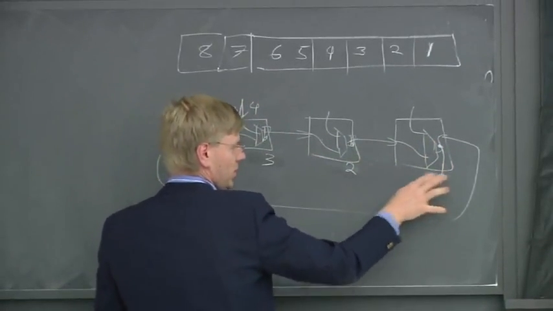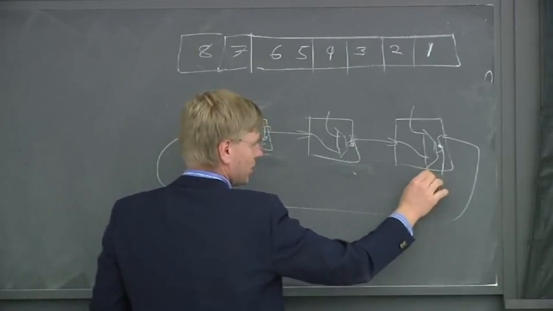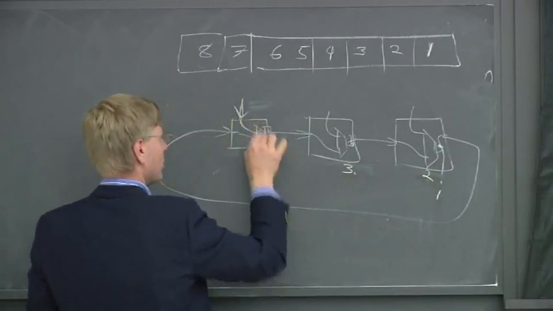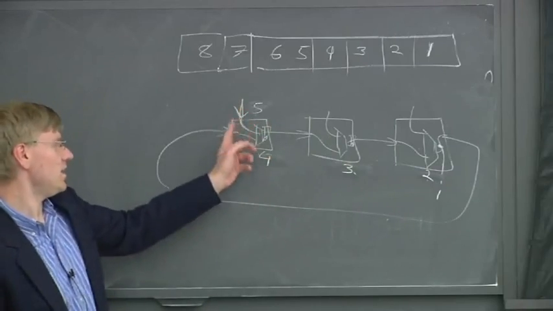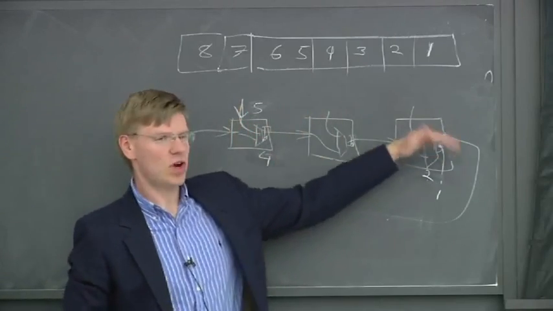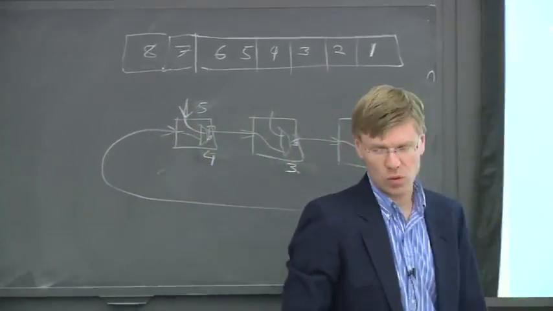The next cycle, 1 has arrived, 2 is there, 3 is there, 4 is there, 5 is being sent. And it continues going on until finally 8 slowly moves across the network and goes out. So we call this cut-through or wormhole routing.